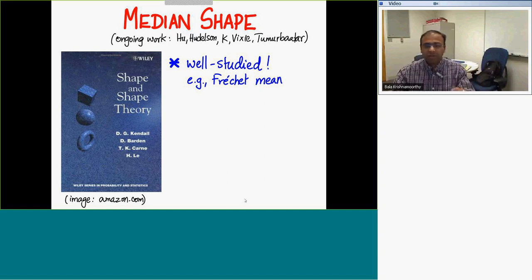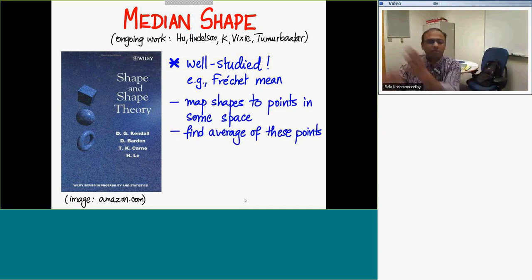But a common theme of most of these definitions of mean is that they first take the shapes and map them to points in some high dimensional space. The space could be just a metric space in some settings, but it could be hyperbolic and it could be quite crazy. The first thing they do is map all the shapes to points in higher dimensions, and then you can compute the usual averages of points in higher dimensions.